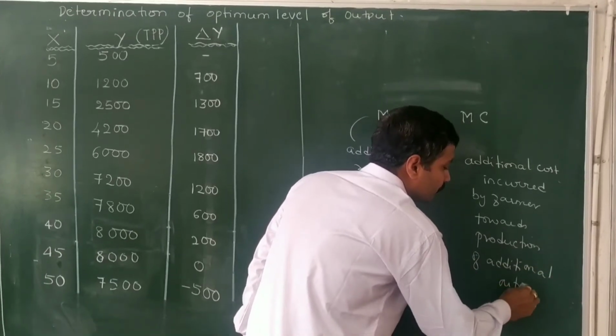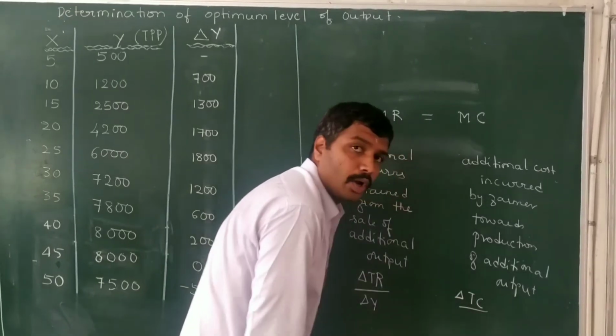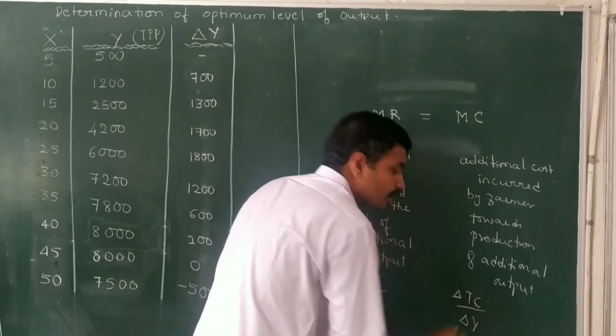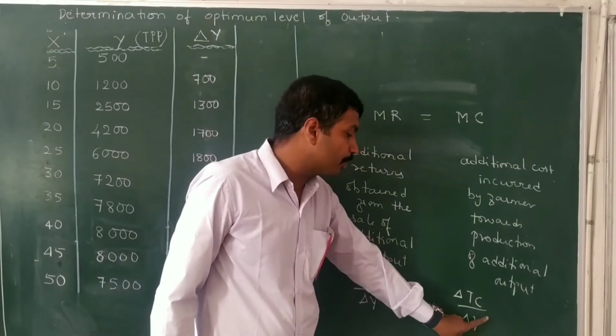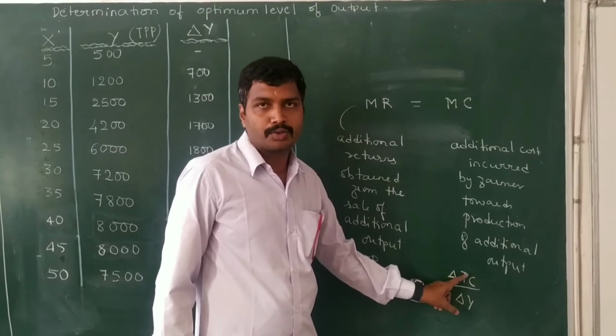Is it clear? So, total change in total cost due to change in output. That means if he needs to produce this additional unit of output, he needs to incur additional cost.